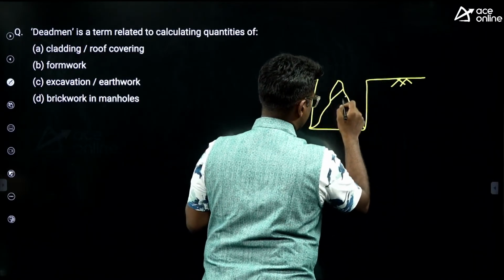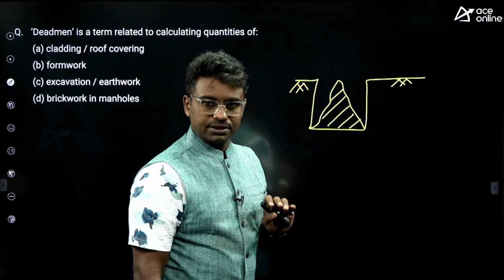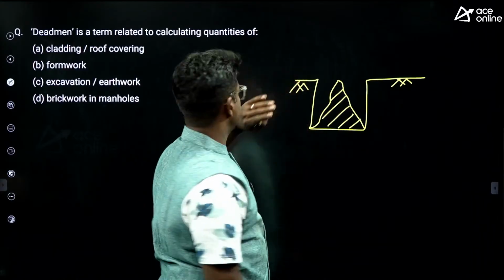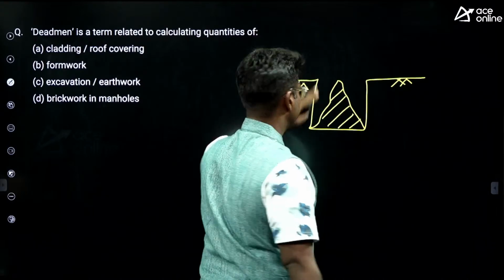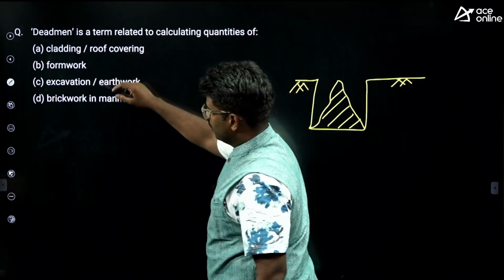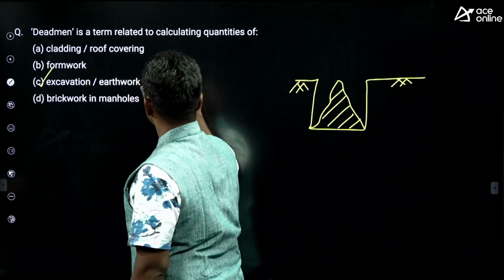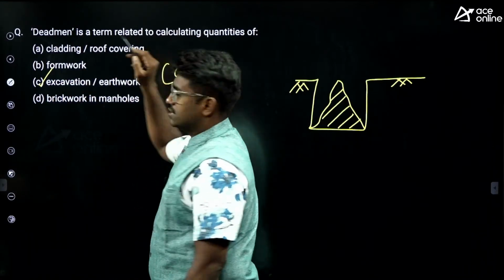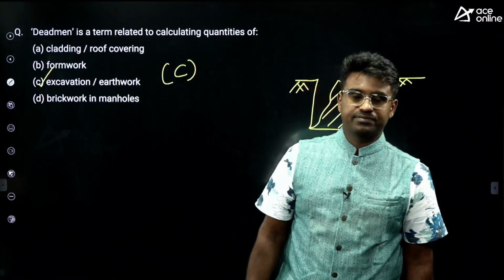Instead of that, we lay in between mounds of earth to know the height of the excavation. Dead men is a term related to calculating quantities of what? Cladding, formwork, brickwork or manholes, excavation. Excavation is the answer. C. Sorry, C is the answer.